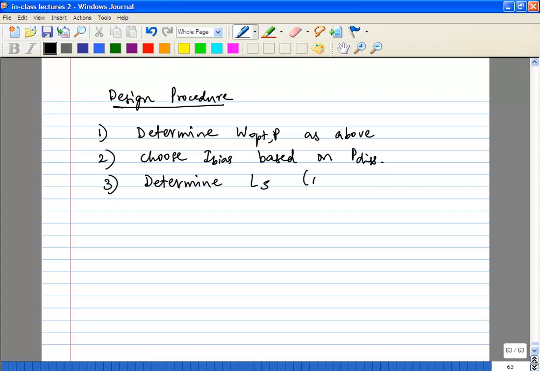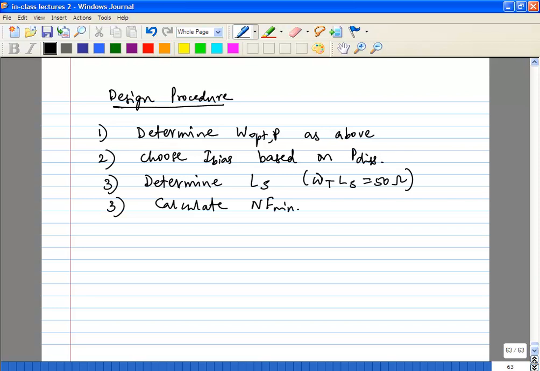Omega T times LS is RS, but in this case I have assumed it's 50 ohms. And of course you're going to calculate NF min.